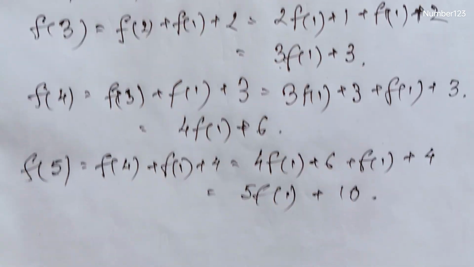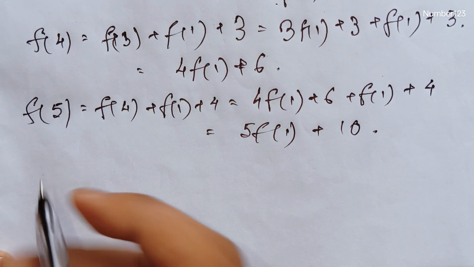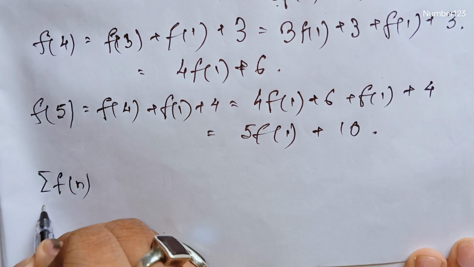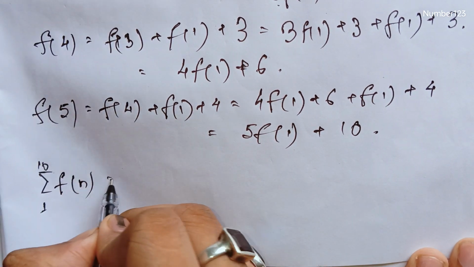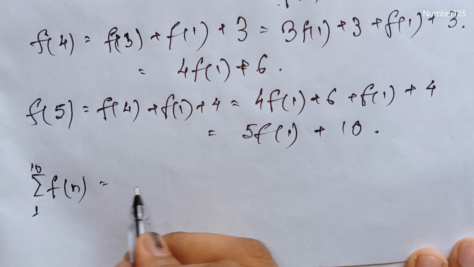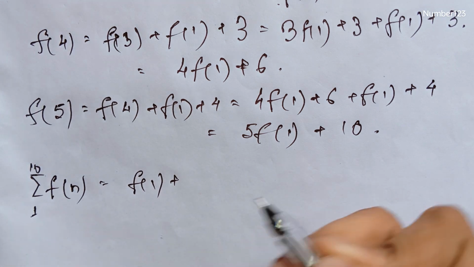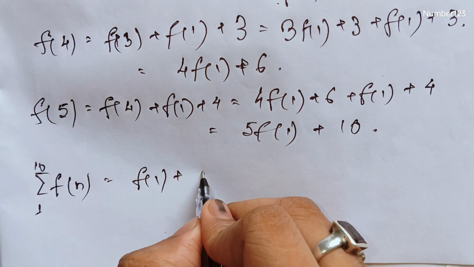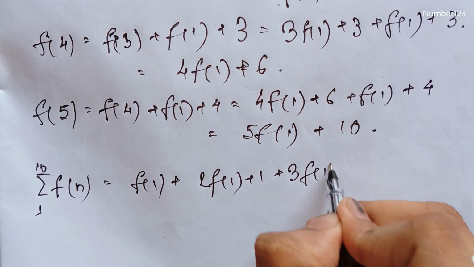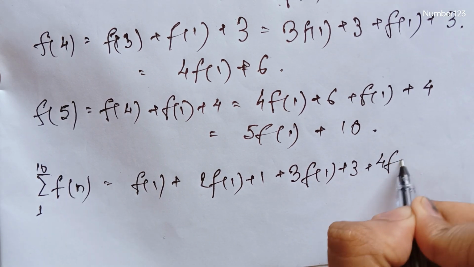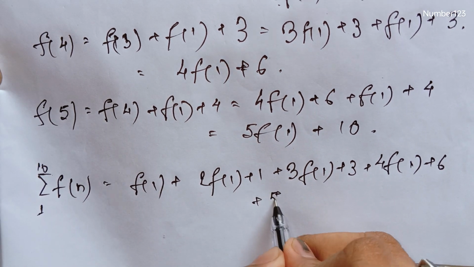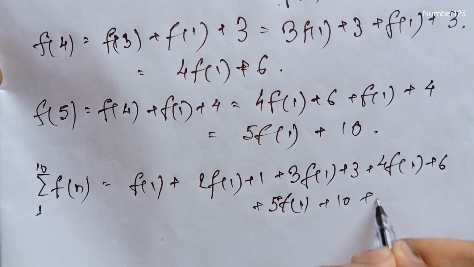So now we can analyze the complete series. What is the complete series? Sum of f(n) where n equal to 1 to 10. See, first f(1), next f(2) means 2f(1) + 1, next f(3) means 3f(1) + 3, f(4) means 4f(1) + 6, f(5) means 5f(1) + 10, and so on.